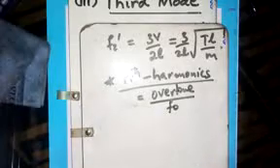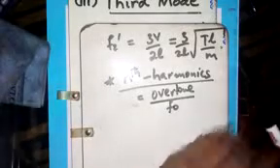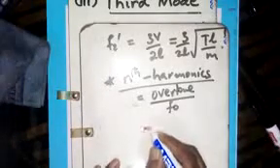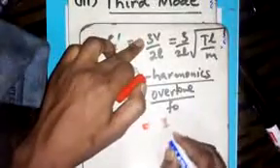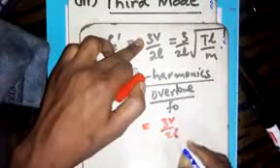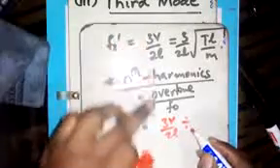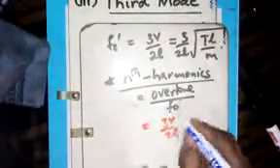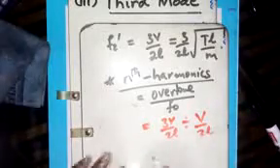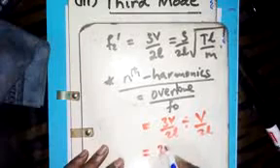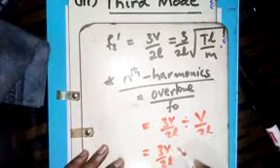What is the harmonic value here? Now, the overtone is this one here, 3v/2L. You divide by the fundamental frequency, which was v/2L. Therefore, this is like saying 3v/2L times 2L over v.